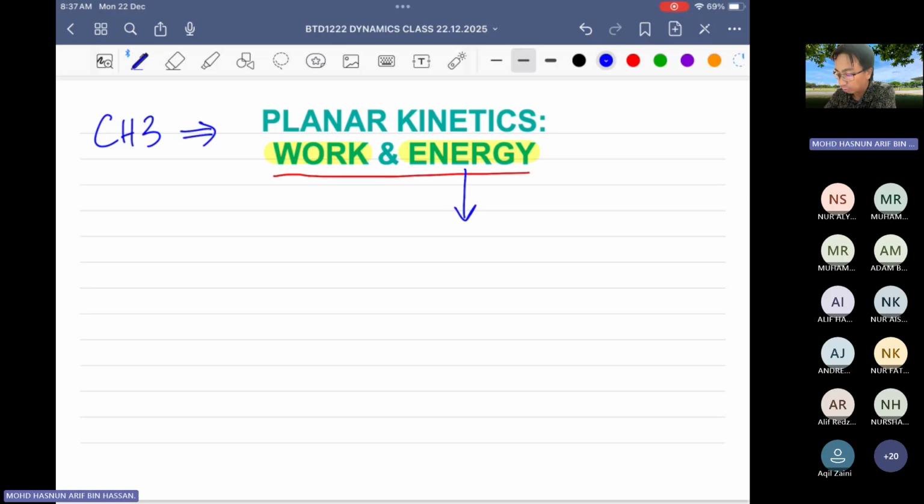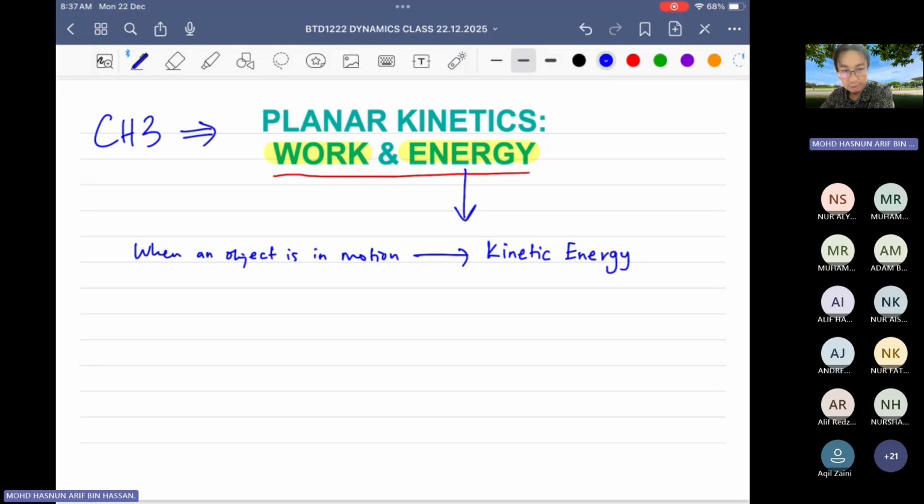Kinetic energy, yes. When an object is in motion, it will have kinetic energy. This is the energy that we will discuss today.